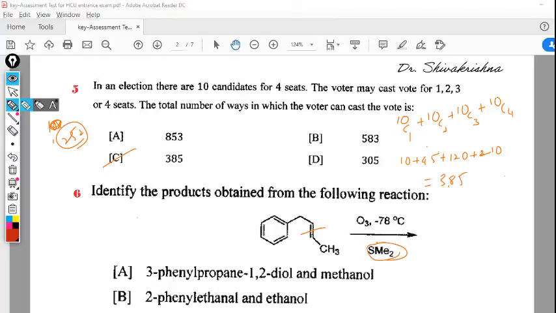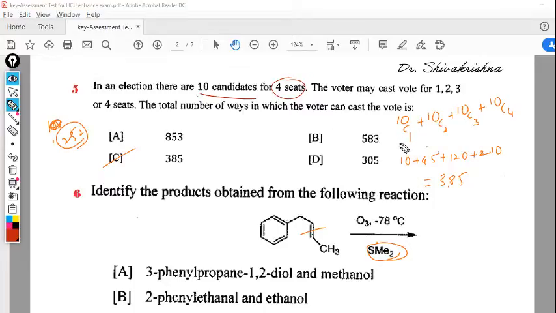So it is a probability based question. Out of 10 candidates, if there are only 4 seats available, and the voting is for one or more than one candidate, what could be the probability of getting the candidates voted? It is the sum of the total possible instances.